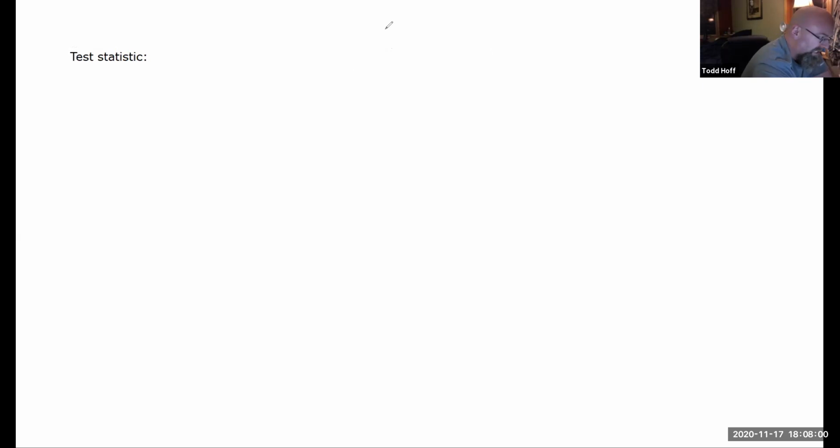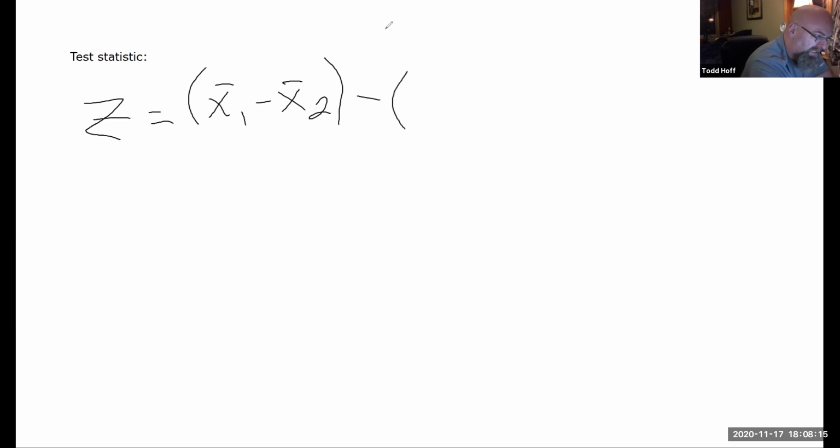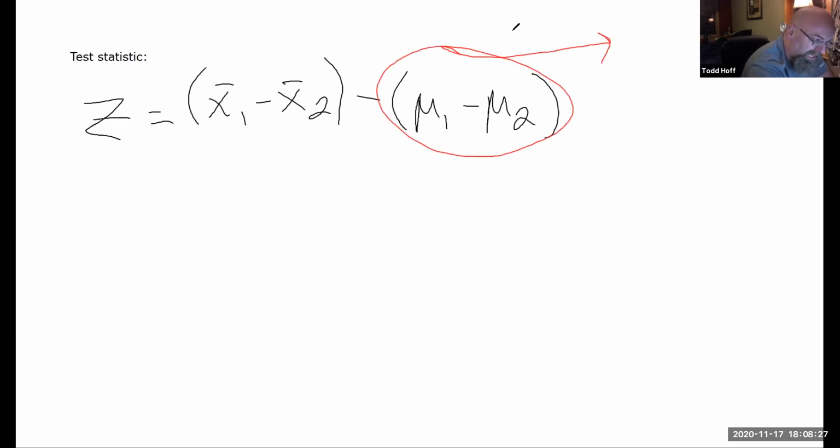Our test statistic, if we know both standard deviations, it's a z-statistic, and that would be x bar 1 minus x bar 2, the difference in the sample means, minus mu1 minus mu2, the difference in the population means. Now, we don't know this number. That's what we're trying to estimate. So since we don't know that number, we use our hypothesized value from the null hypothesis.